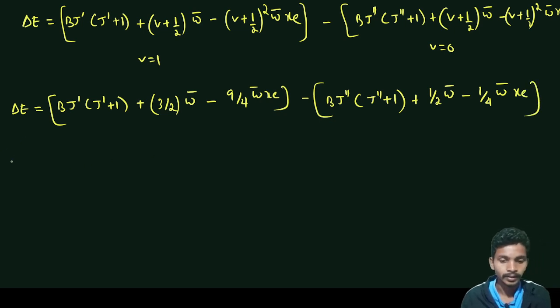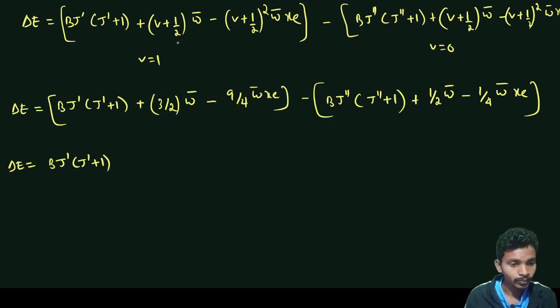Okay, now I will write delta E. I can write B J dash (J dash plus 1) minus B J double dash (J double dash plus 1).